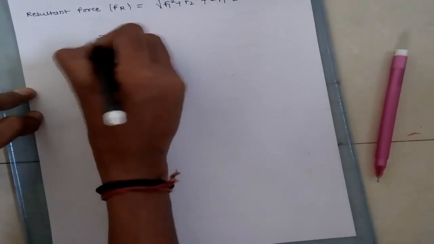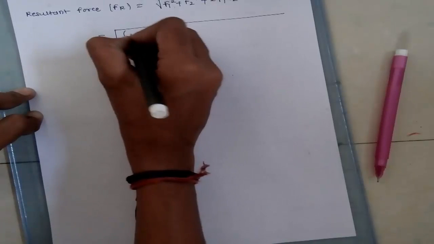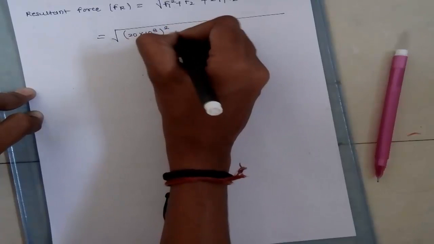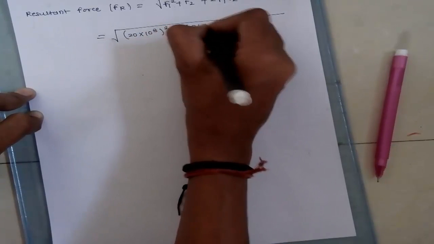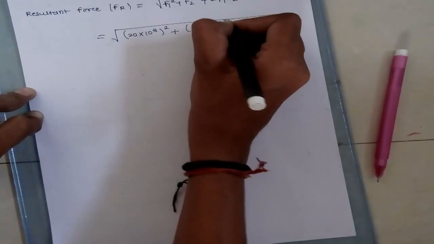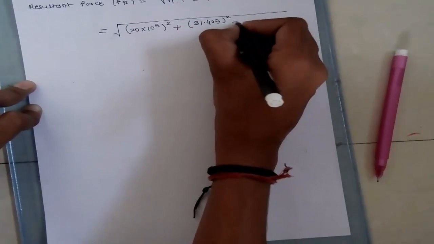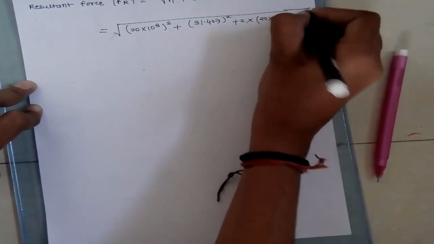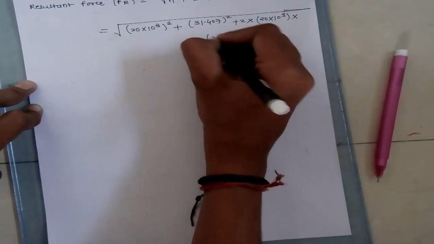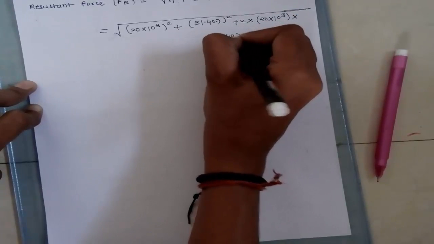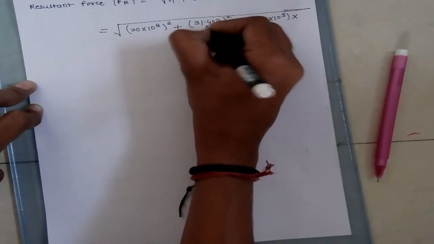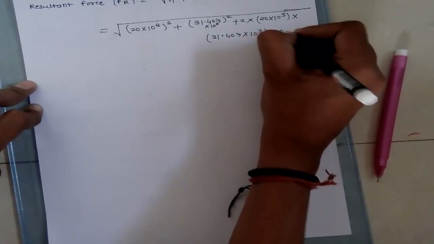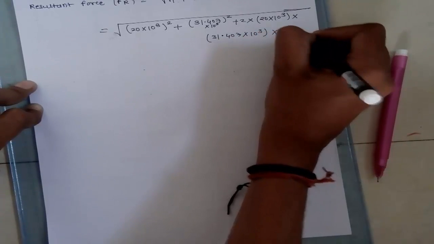After putting in the values, F1 equals 20 into 10 to the power 3 Newton whole square, plus F2 equals 31.407 into 10 to the power 3 whole square, plus 2 into F1 which is 20 into 10 to the power 3, into F2 which is 31.407 into 10 to the power 3, into cos theta which is 0.154.